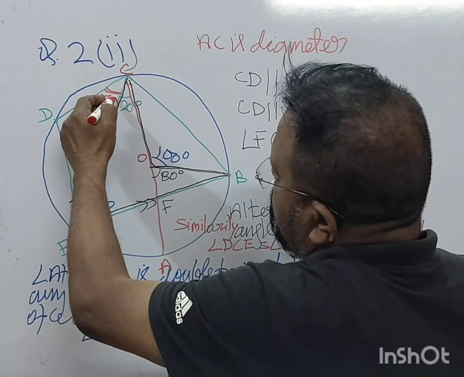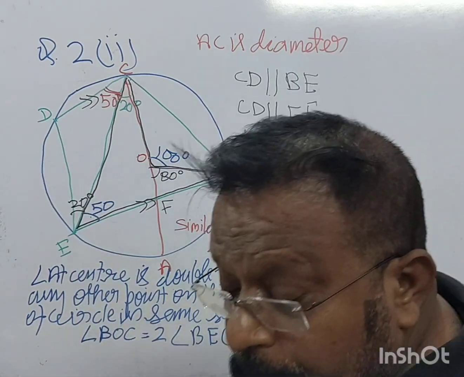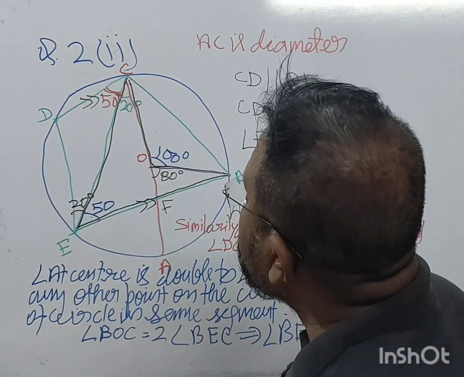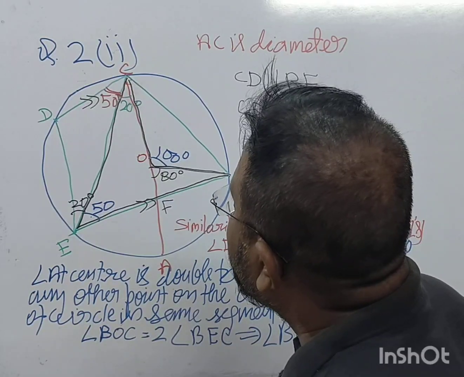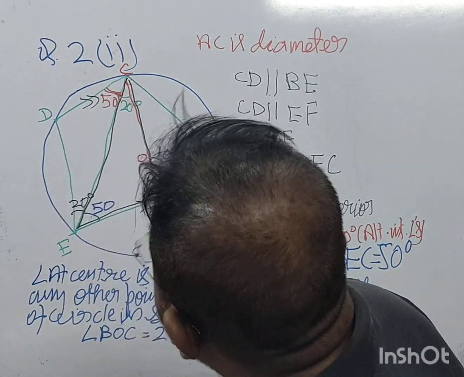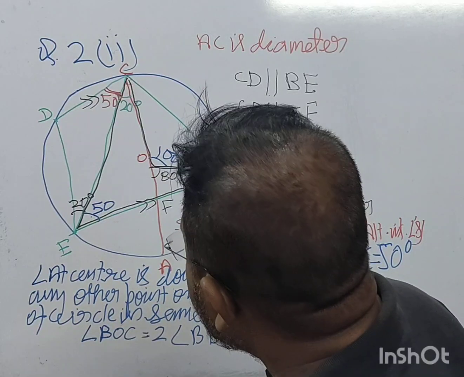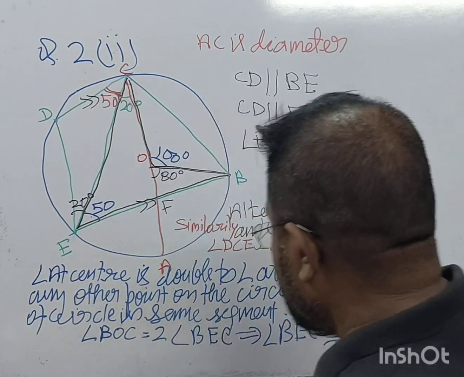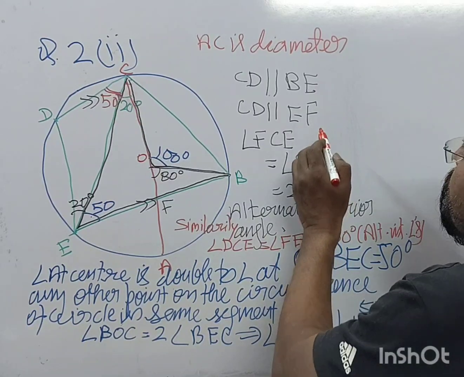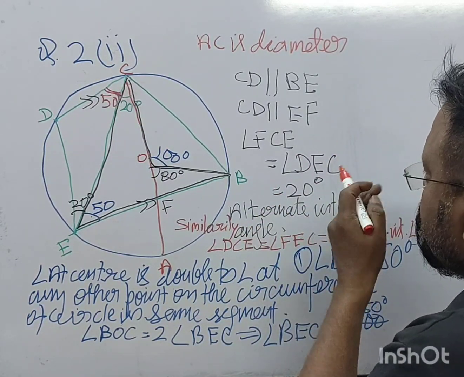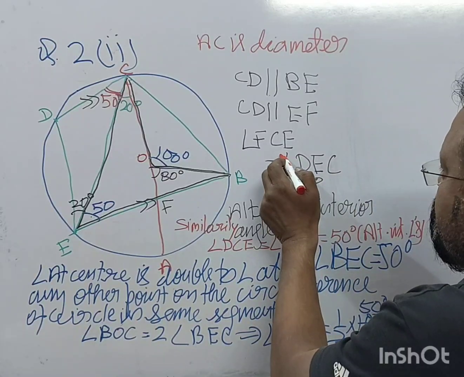So what we have to prove, angle BCD, CED कौन सा हुआ? CED, fine, 20 degrees. अच्छा ये हो गया.